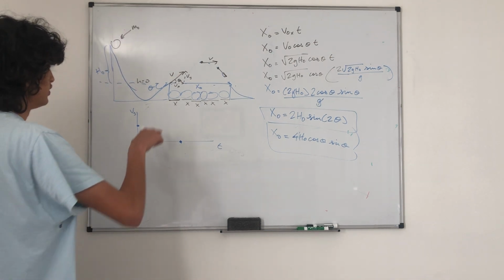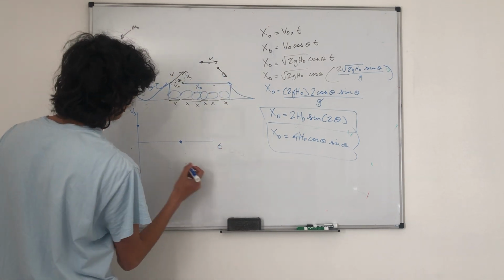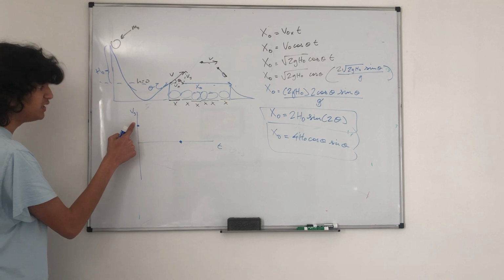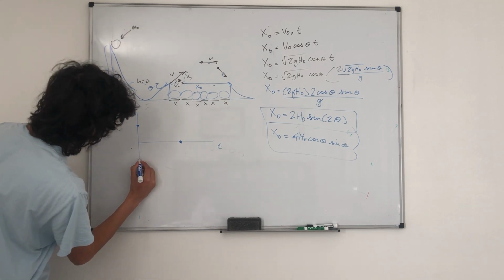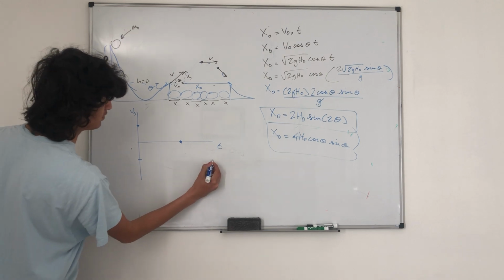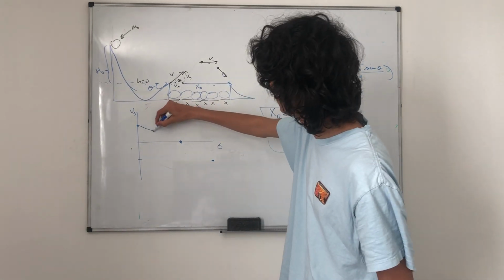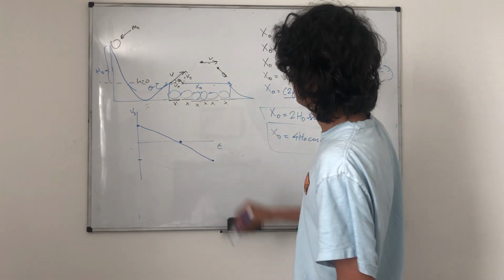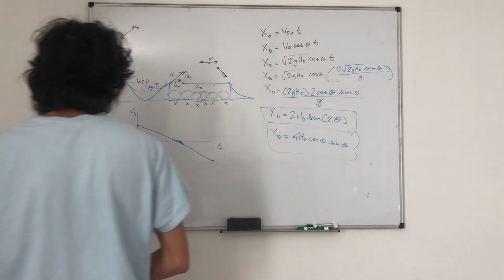And then, as it launches off, it'll have the same speed, right? It's going to have the same magnitude in the opposite direction. Let me make sure I do that right. So then if you were to connect it, yeah, that looks about right.